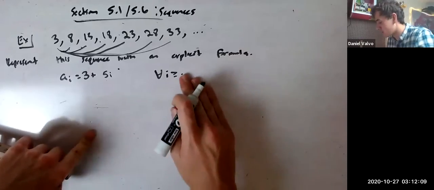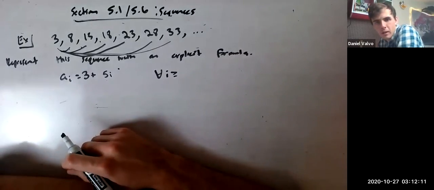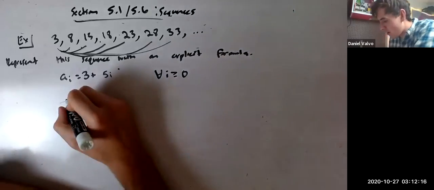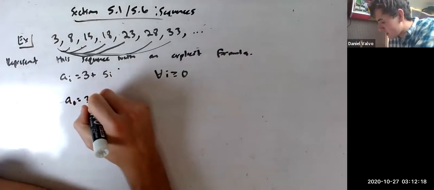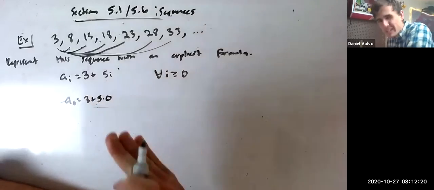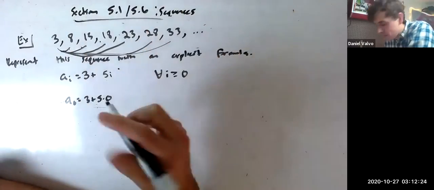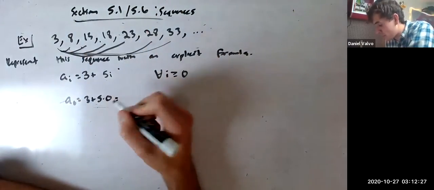So what should i be greater than or equal to? 0. 0, exactly, right? If we have i equal to 0, then we get a_0 is 3 plus 5 times 0, which is perfect. We started at 3, so for the very first term we want to add nothing, and 5 times 0 is 0.